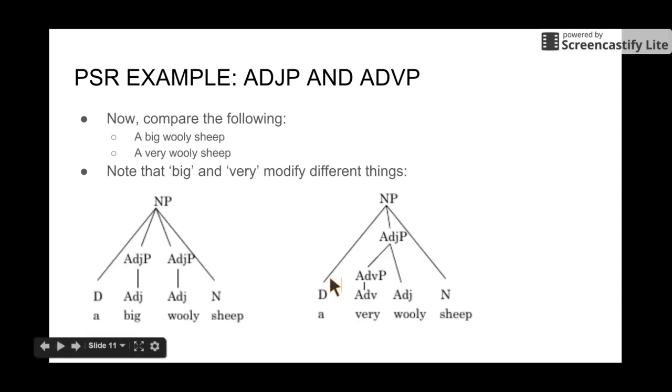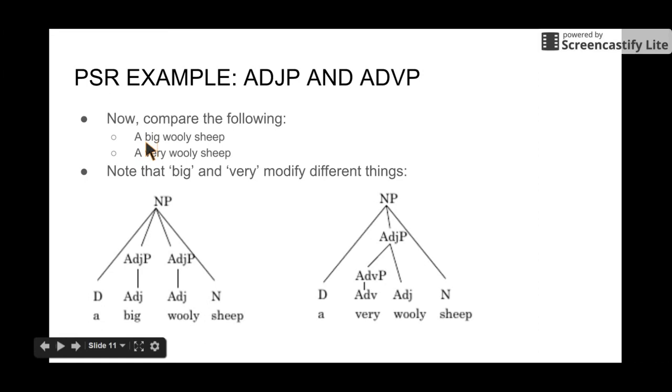Okay. Now we can think about there is some subtle difference in these two strings. We have a very big woolly sheep and a very woolly sheep. You should notice that here big and very are modifying different things.